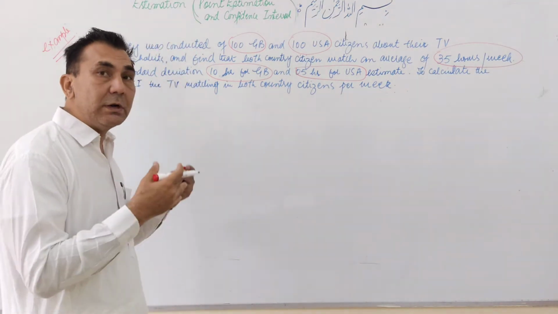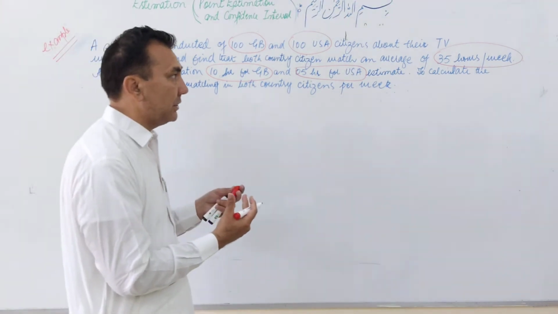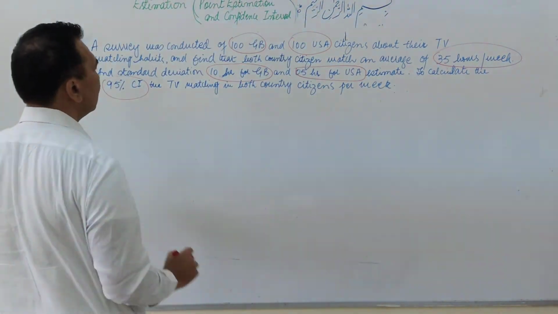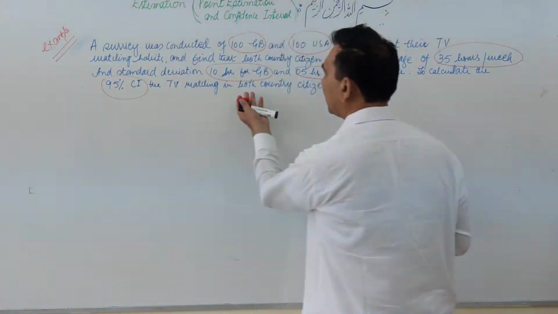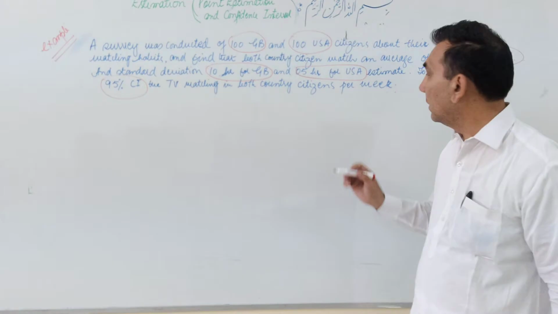Now we will calculate. The question asks us to calculate the 95% confidence interval of TV watching per week for citizens of both countries.